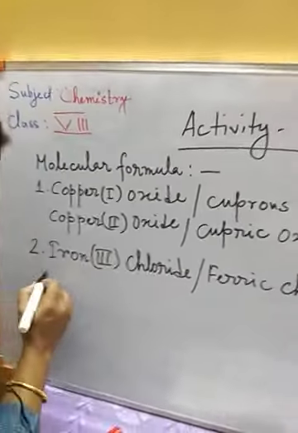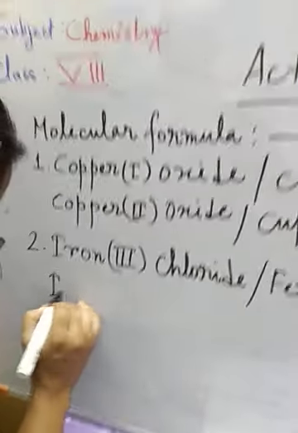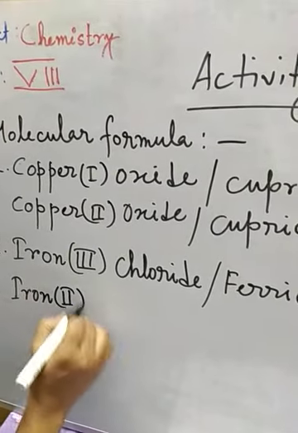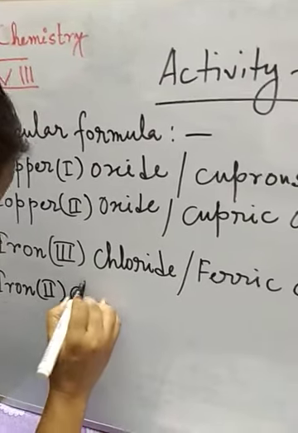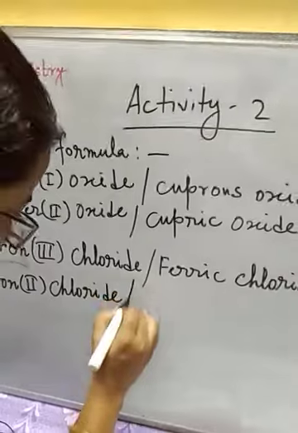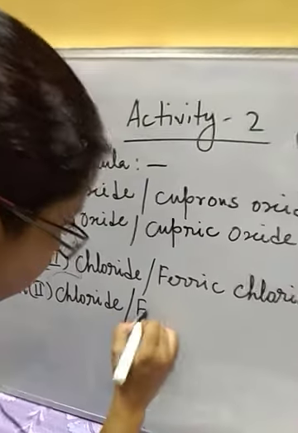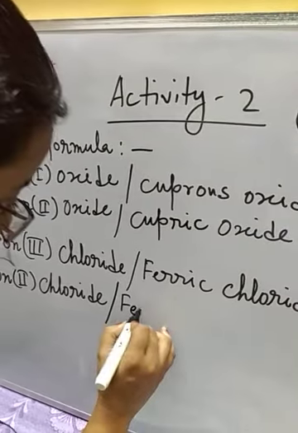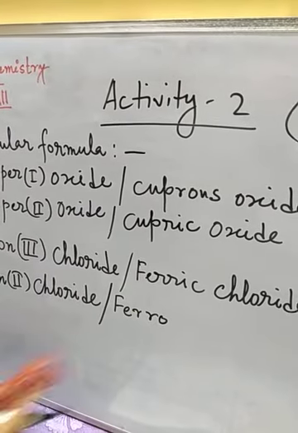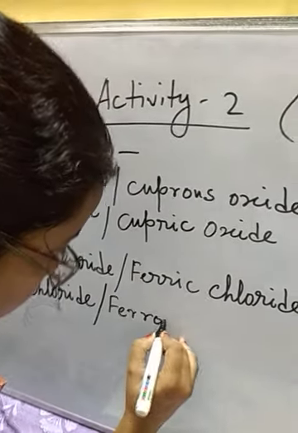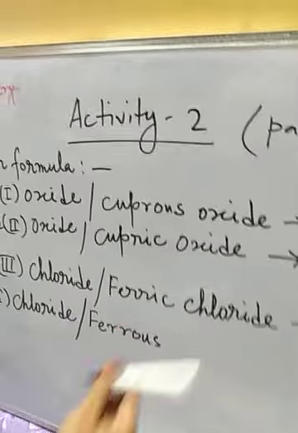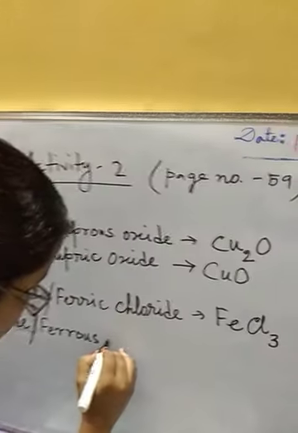Iron can show +2 valency as well. So if we take iron 2 chloride, this is also called ferrous chloride.